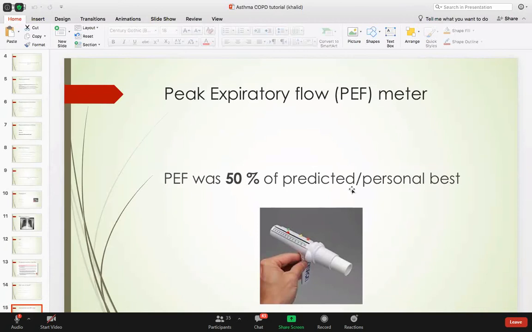But what's better than that is what we call personal best. That means when they are asymptomatic, when they have no symptoms, what's their best peak expiratory flow? We'll put it as the mark of their best.